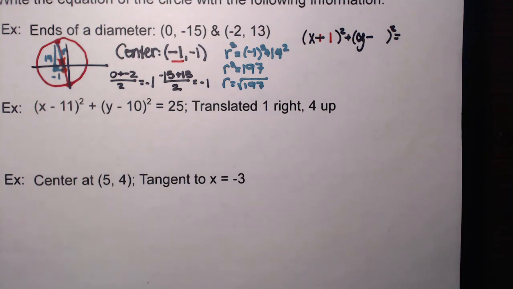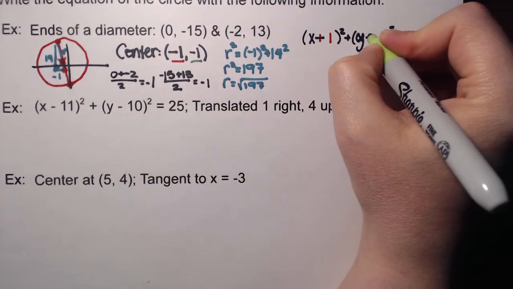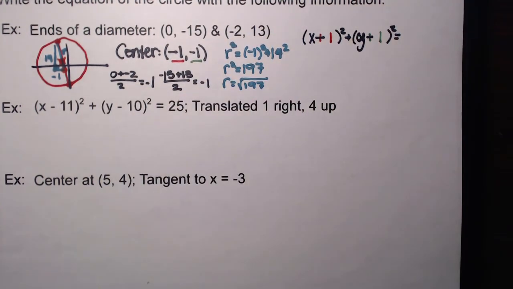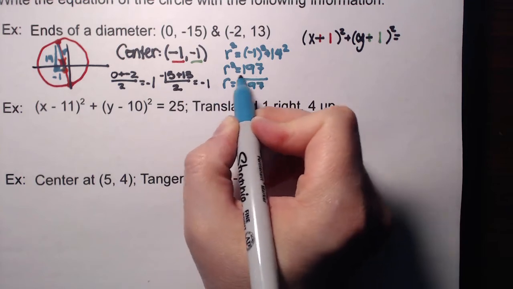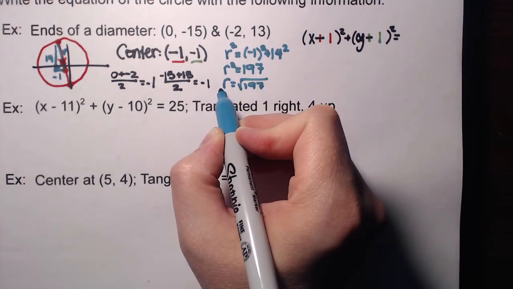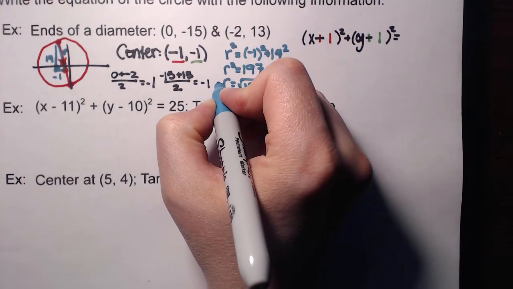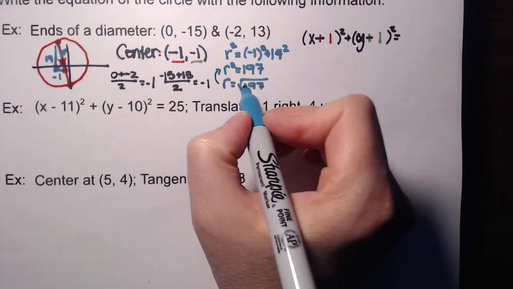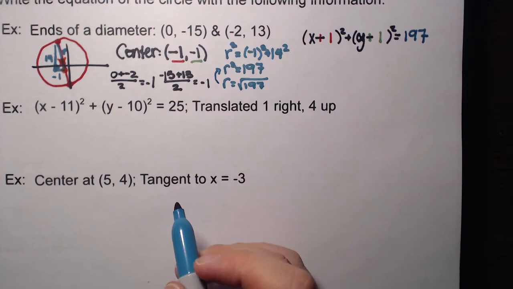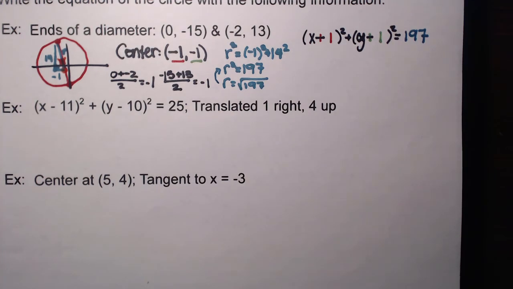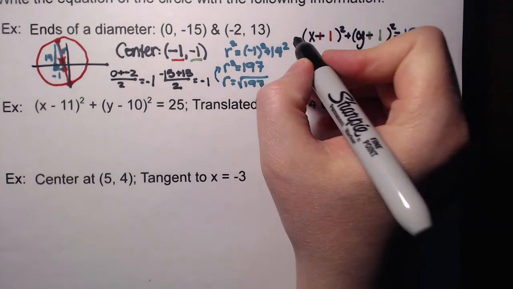And we're subtracting -1 for the y. And now we're going to square the radius, so we can actually ignore the square root and just look back up here. So what is that squared? 197. So it doesn't even matter that we couldn't simplify it more. That's just our answer.